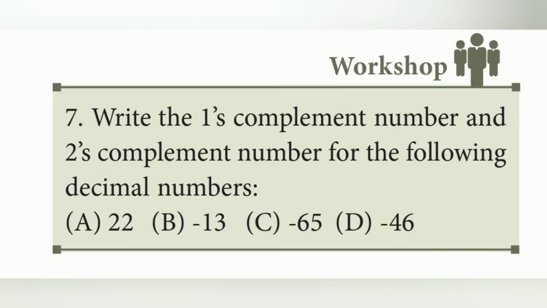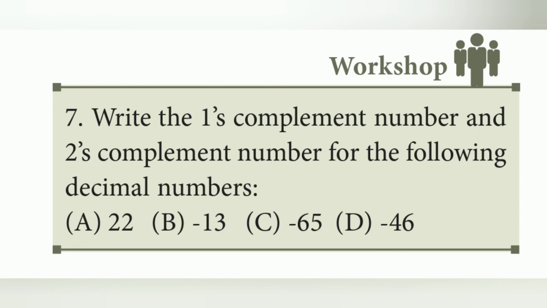Okay, now it is your turn. Try by yourself. Write the 1's complement number and 2's complement number for the following decimal numbers. I have already told you that 1's complement and 2's complement are done only for negative numbers. If you get a positive number, then you have to state the reason that the given number is positive.